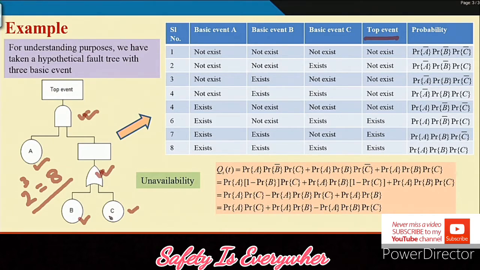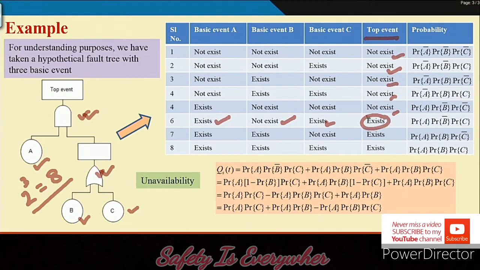For example, when all the bottom events do not exist, the top event also does not exist. Suppose the first one, C, exists and the other two do not exist. So similarly, not exist, not exist, not exist. The combination when A exists, that means A has failed, B doesn't fail but C has failed, then definitely the top event will occur.